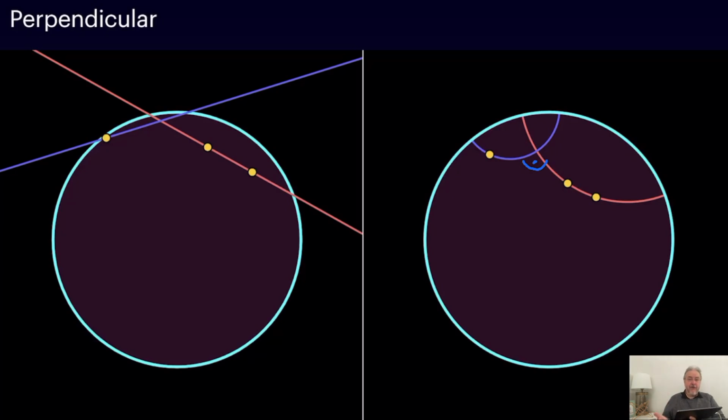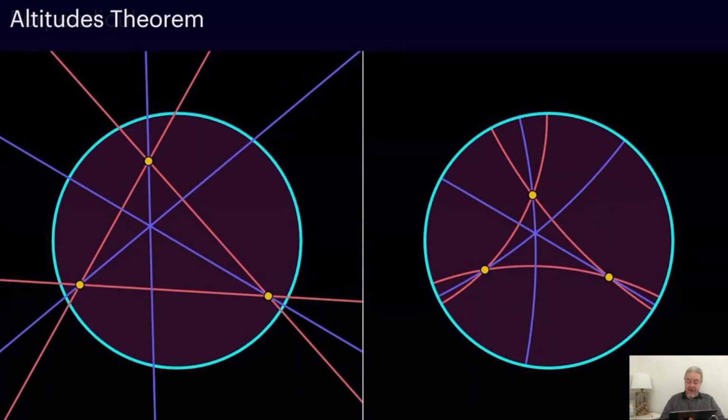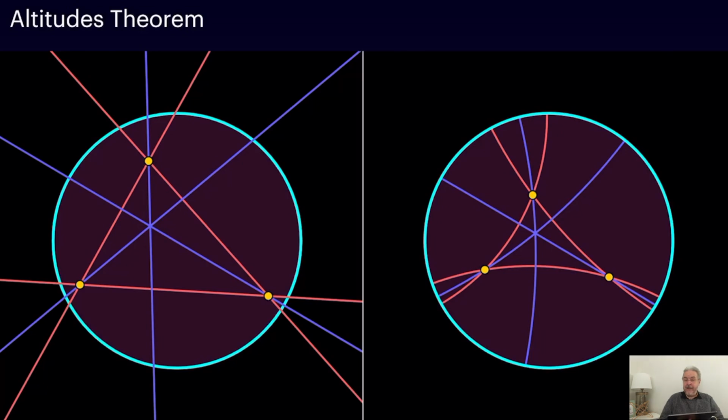So if we can talk about right angles, we can talk about triangle theorems, and here is the altitude theorem. So we proved that the altitude theorem holds for arbitrary Cayley-Klein geometries, and so it has to hold in hyperbolic geometry, which means that if I draw the three altitudes of a triangle, they will eventually meet in a point, and this will naturally also happen in the Poincare model, and this is nicely stable under movement.